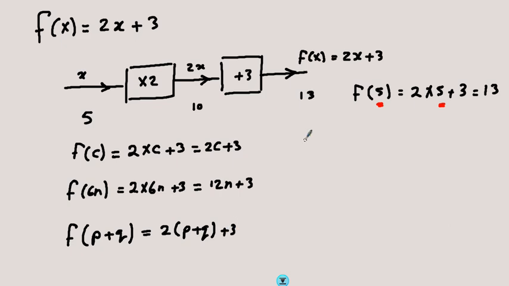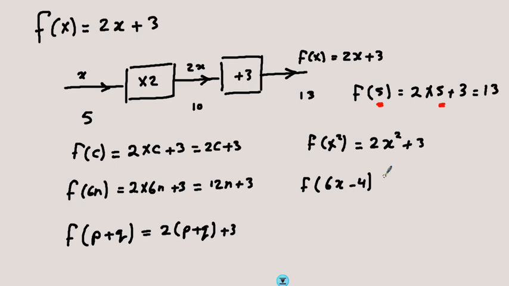What if the input was x squared? The output will be 2x squared plus 3. And what if the input was 6x minus 4?